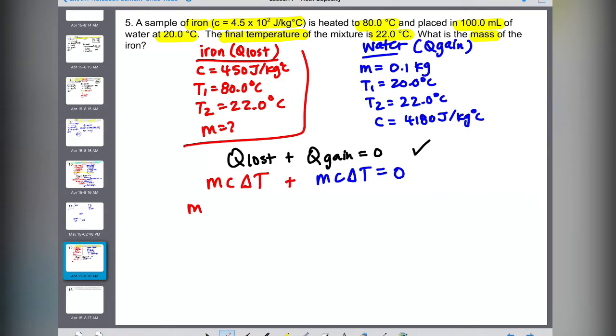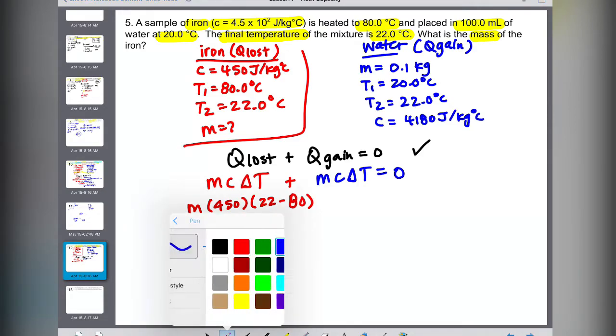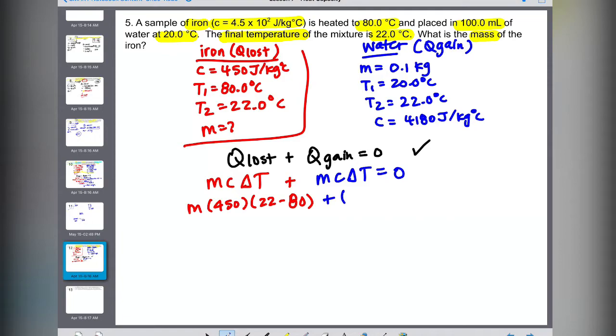Okay, I'm being consistent, one side compared to the other. mc is 450, T2 minus T1, adding mc delta T, where delta T is T2 minus T1, all equal to 0.